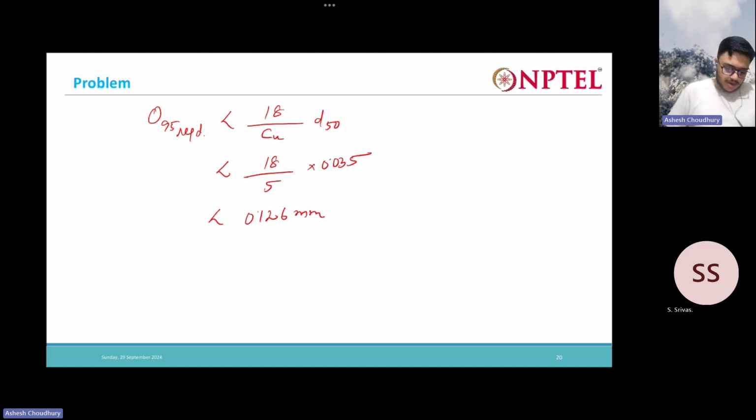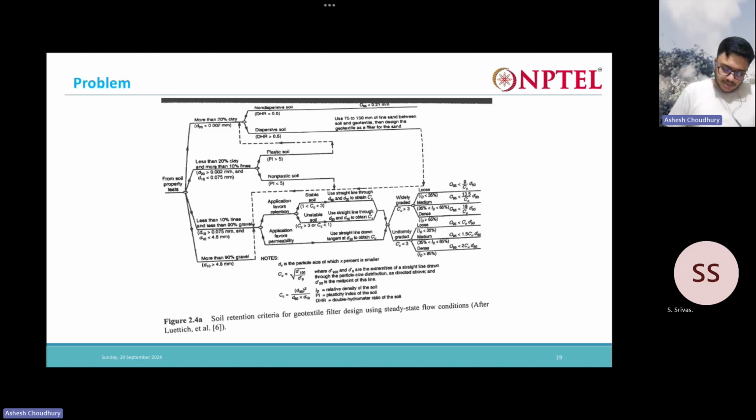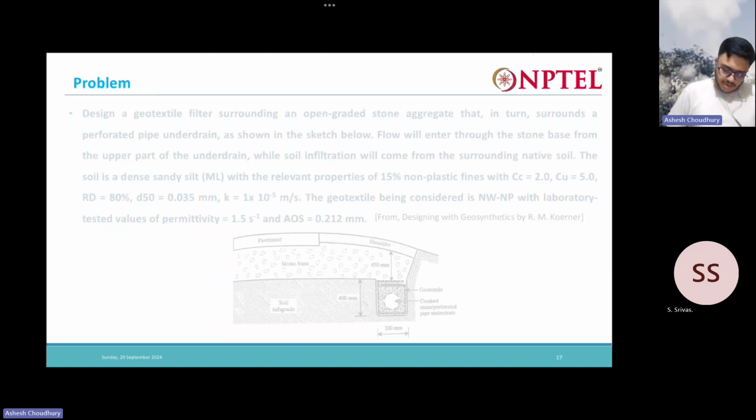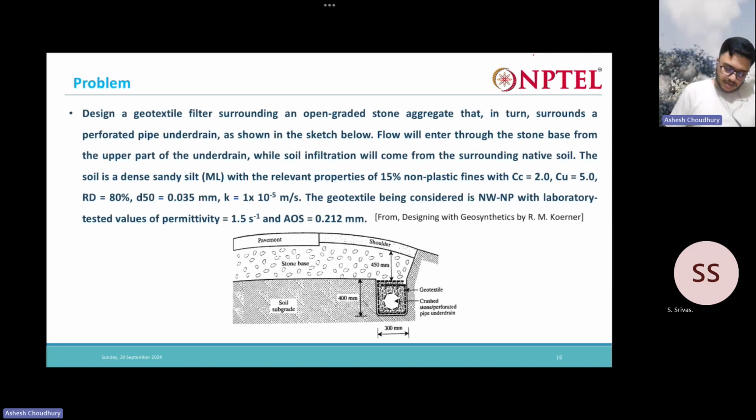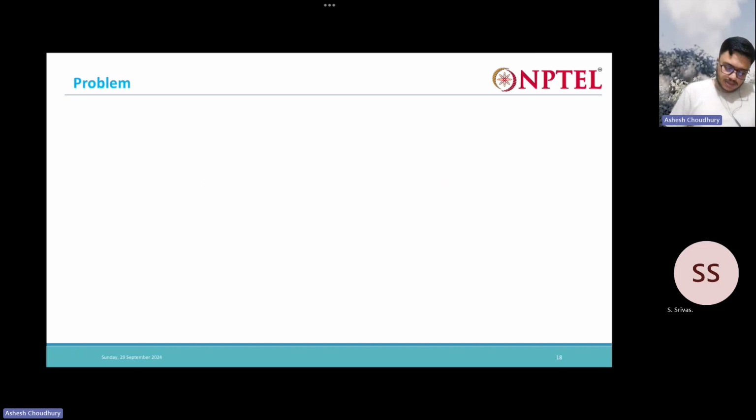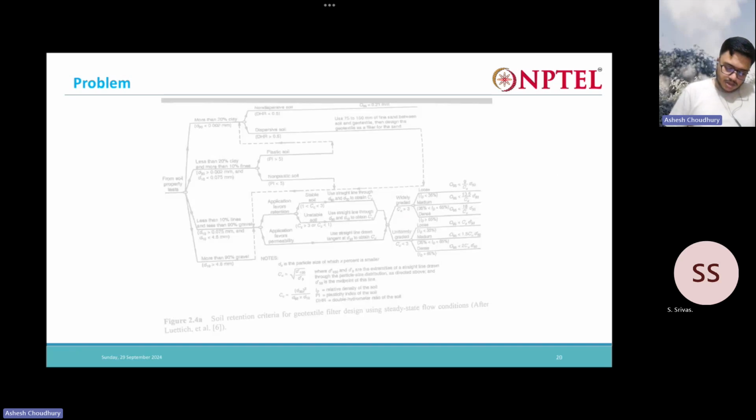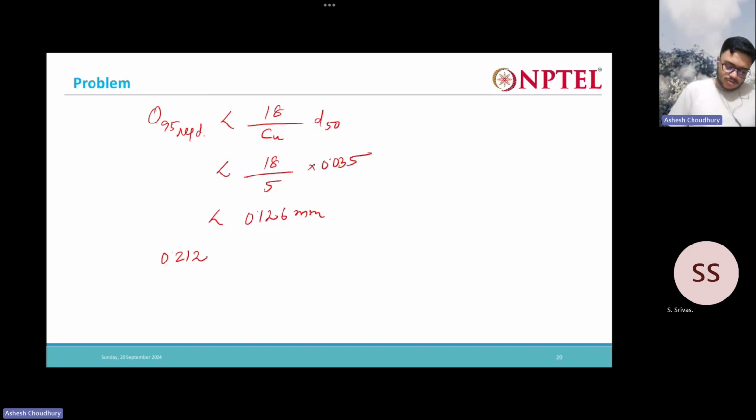Now what is the O95 of the geotextile that you are using? The geotextile has an O90 of 0.212. So 0.212 is obviously not less than this. 0.212 is not less than 0.126.